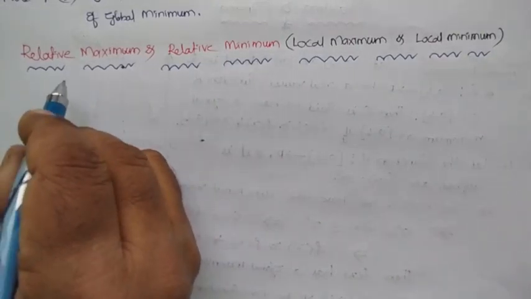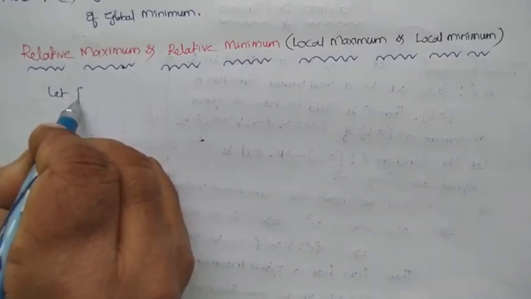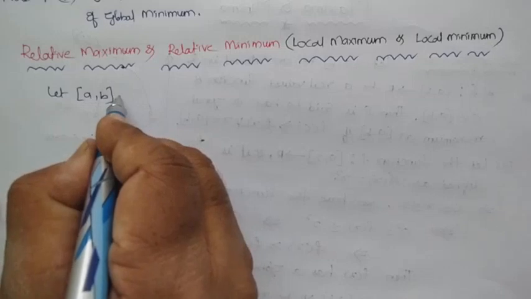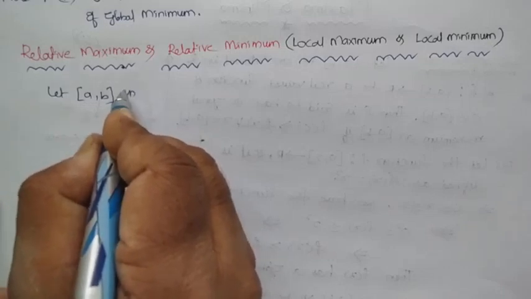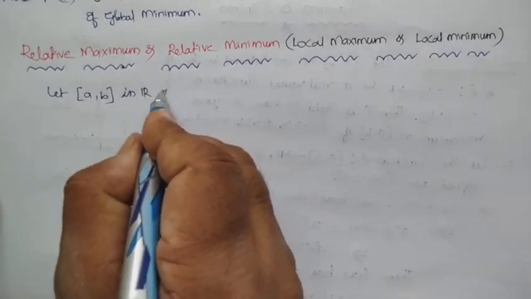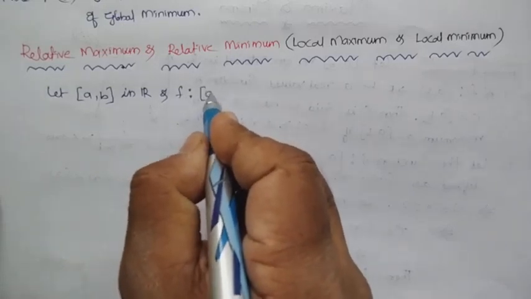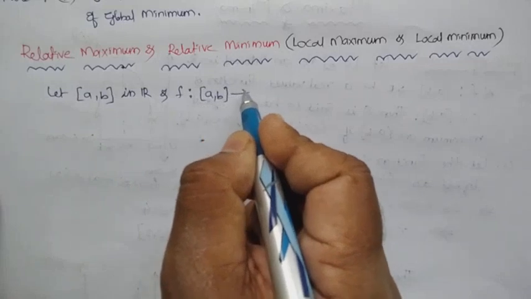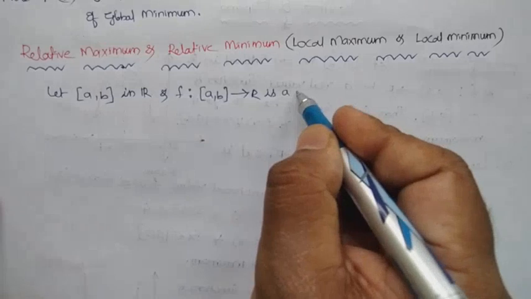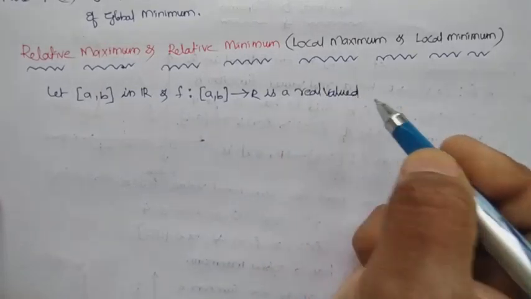Let the closed interval a comma b be in the real number system, and let f map the closed interval a comma b to R, a real valued function.